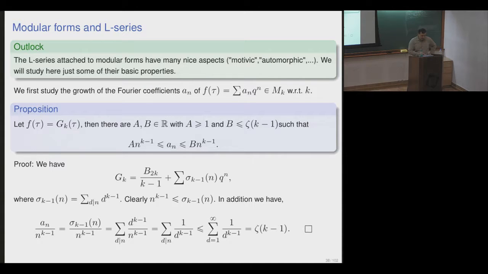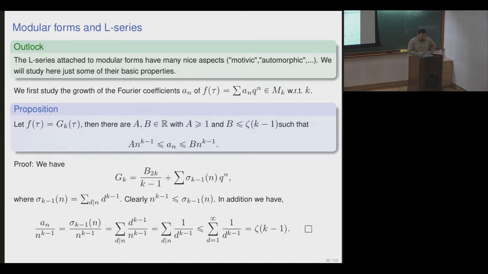Now we just have to bound this divisor function. The divisor function is summing over all divisors, and if we just take the biggest one, then it is clearly smaller or equal than the sum over all divisors of the power of the divisors.